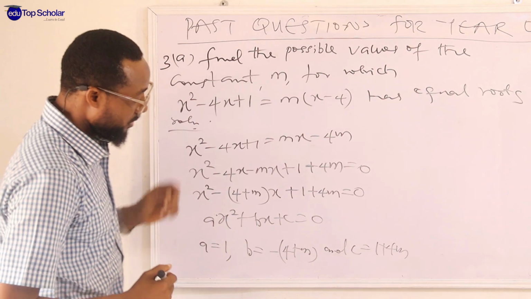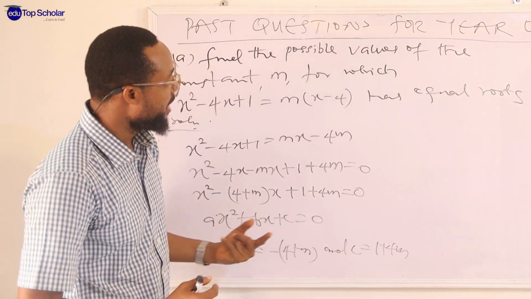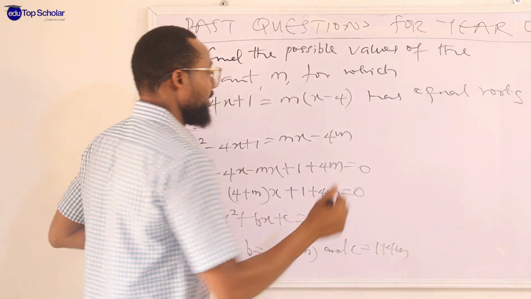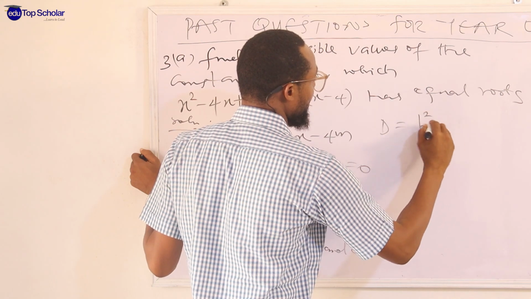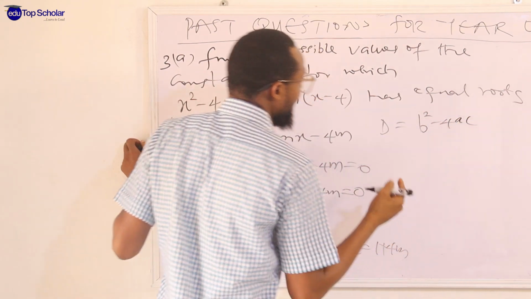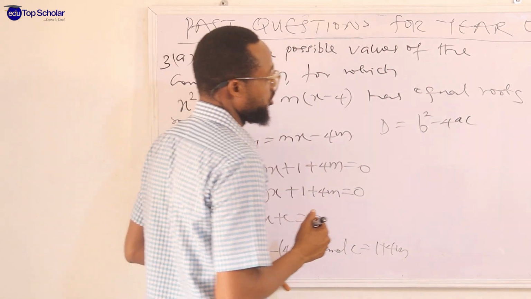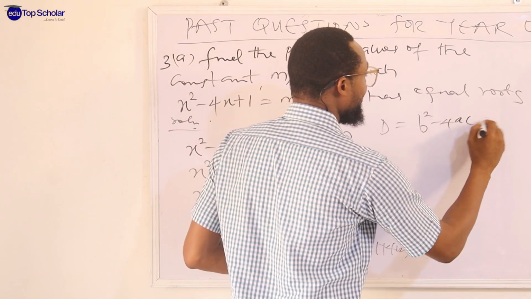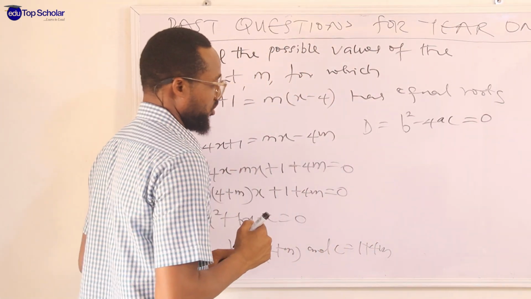So we want to substitute this into our discriminant D, which equals b squared minus 4ac, which we got from the quadratic formula we just proved in question 2. When this is equal to 0, that is when we have equal roots.